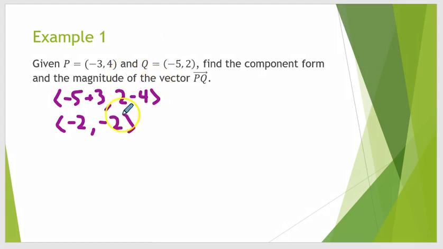Next, we want to find the magnitude of this vector we just described. So the magnitude of the vector, and this is where we're just using the distance formula. Now, a nice thing to note here is that both the component form and the formula for finding the distance or the magnitude actually use the same process of doing x2 minus x1.